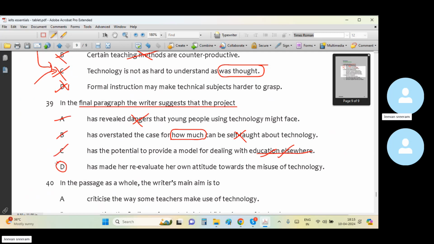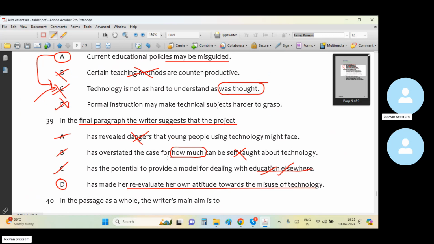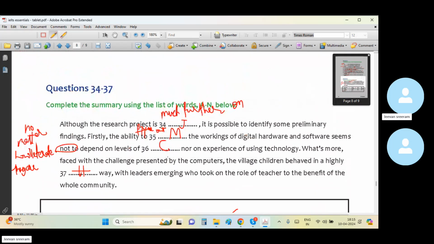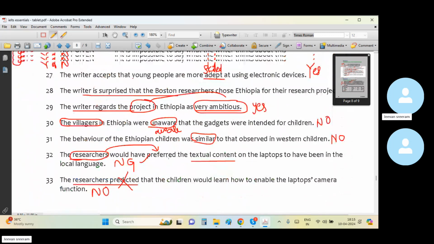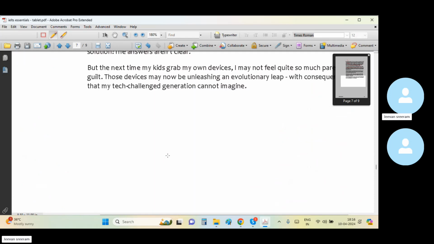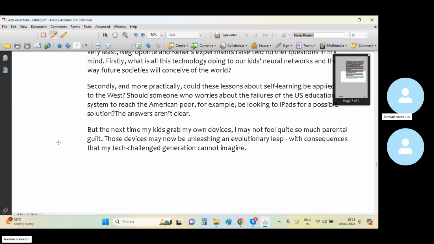Clearly, the answer has made her re-evaluate her own attitude towards the misuse of technology. You may think misuse is a strong word, so it may or may not be correct, but there is clear information that supports re-evaluating.